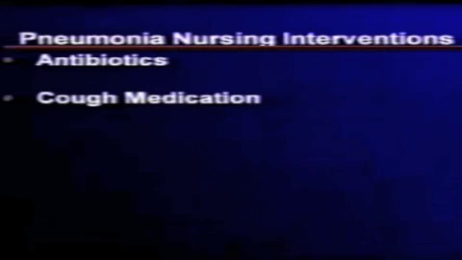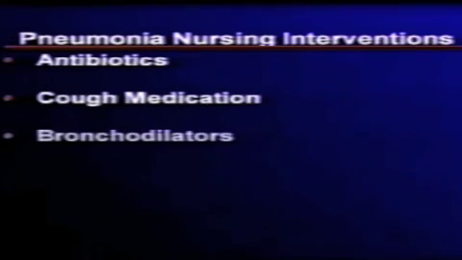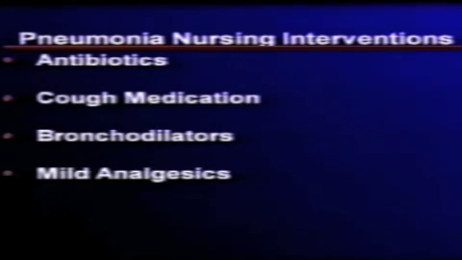We're going to use bronchodilators with this type of client, again, to increase that surface area to allow for more adequate air exchange for the client who has pneumonia. And of course, if they have a great deal of pain in their chest wall, we may give them some mild analgesics like Tylenol, aspirin, those types of things.